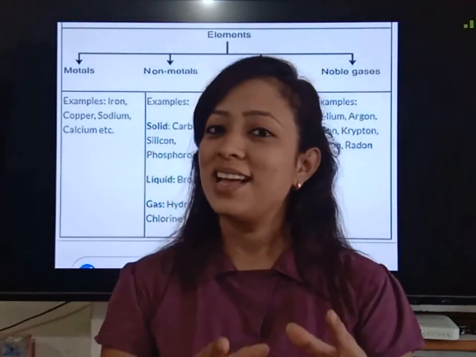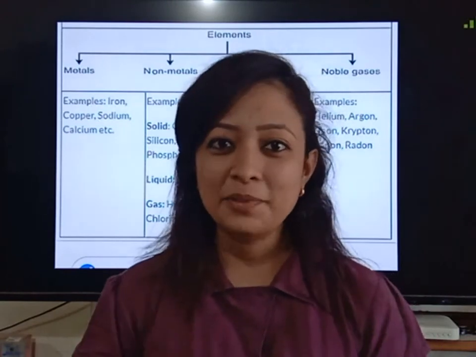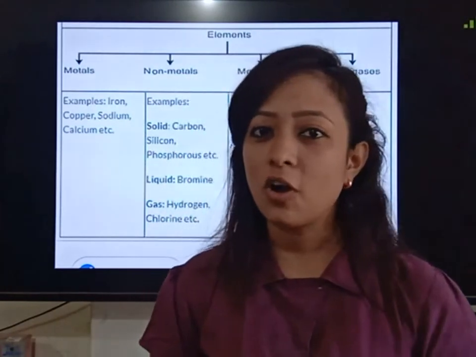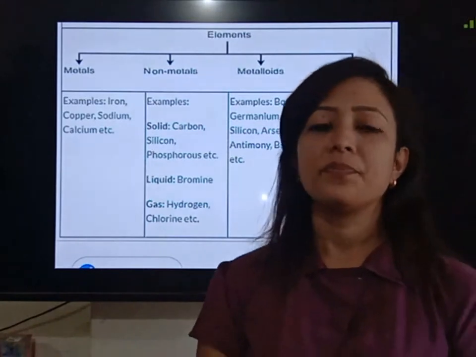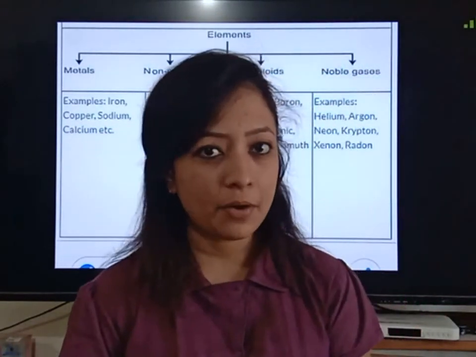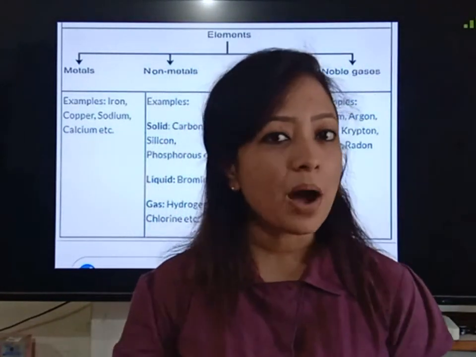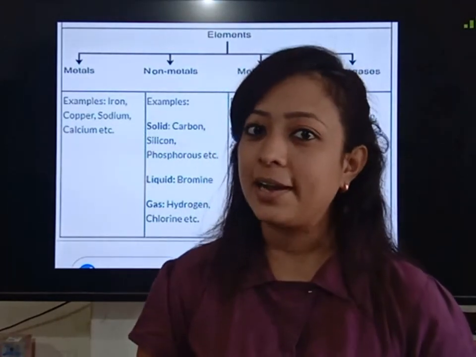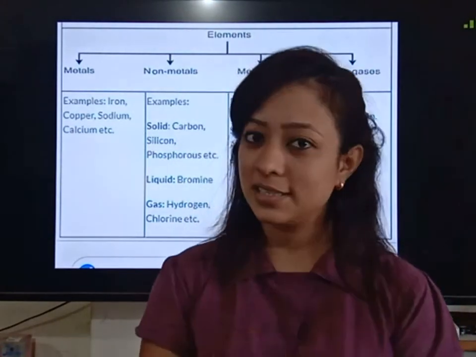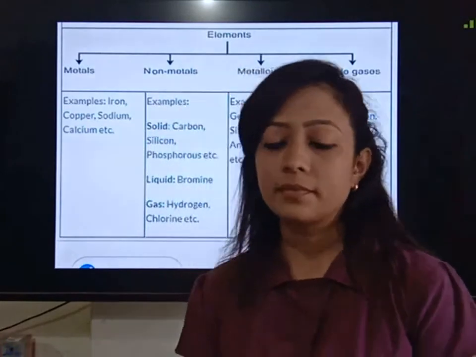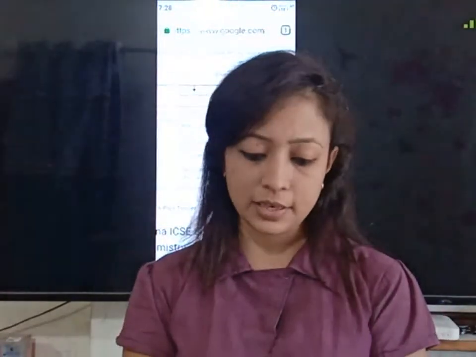Let us discuss the last activity of this chapter, that is the preparation of a mixture of iron filings and sulfur powder, and the preparation of a compound, that is iron sulfide, from iron filings and sulfur powder. So children, you can see this activity.